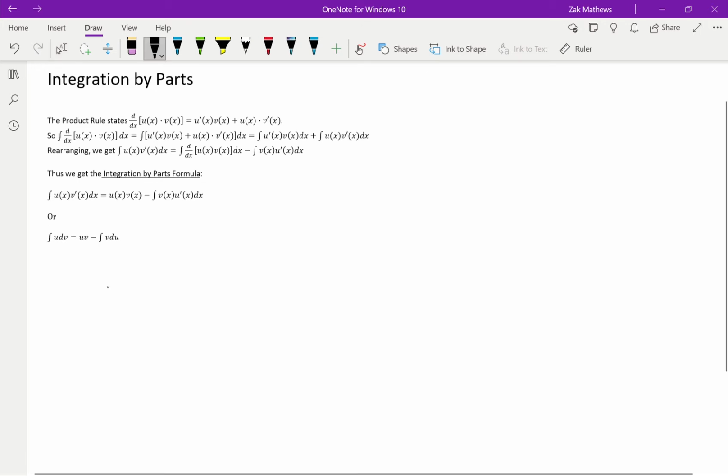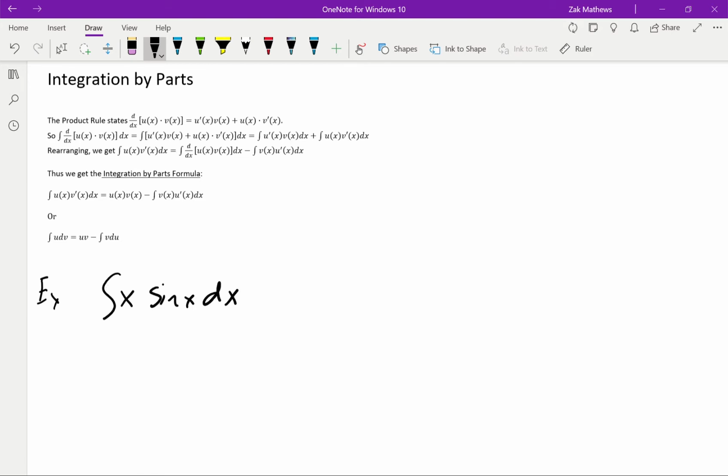Let's just jump right into an example so we can see how this is done. Let's take the integral of x sine x dx. Right now we're thinking about starting with this left-hand side. One of these things is the u function, the function that hasn't been differentiated, and the other is the dv, something that has already been differentiated.